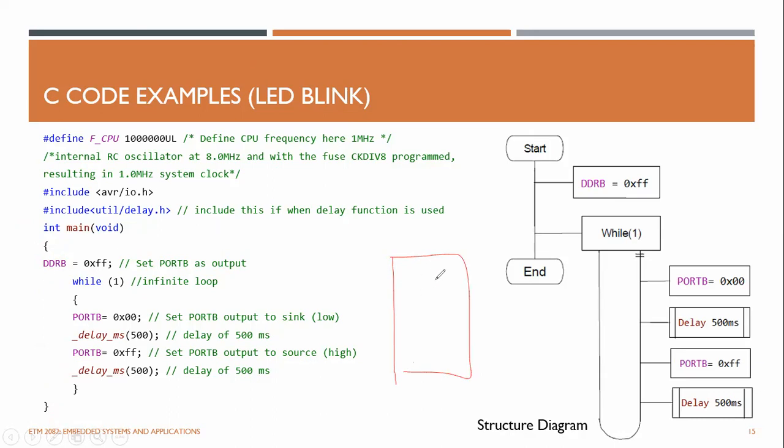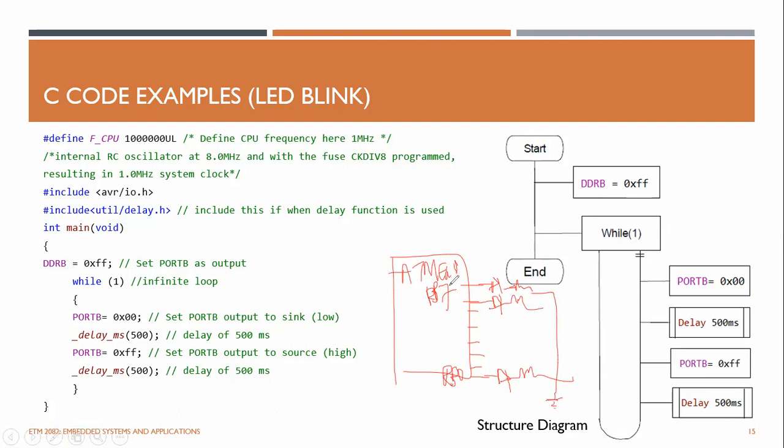This is my port B, this is my Atmega chip, so this is port B, PB0 to PB7. Everything is connected to LEDs through resistors, and all the resistors are then connected to the ground.